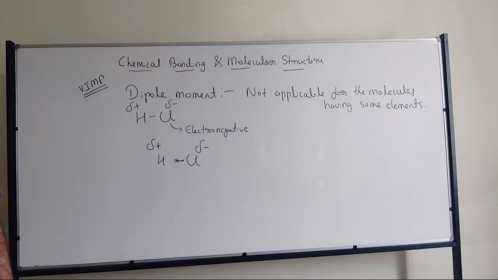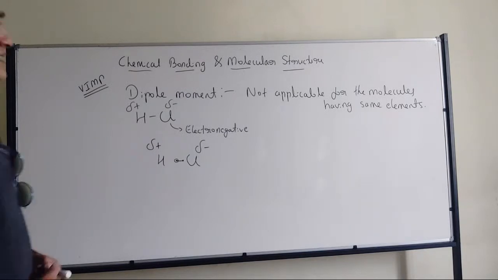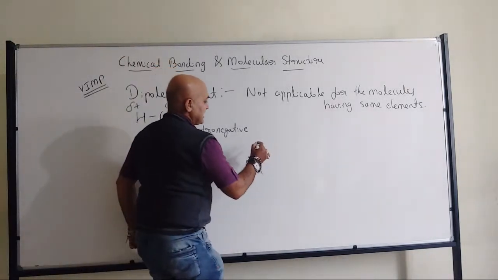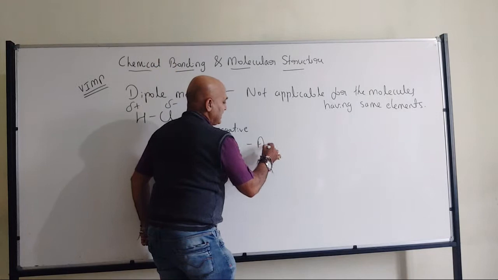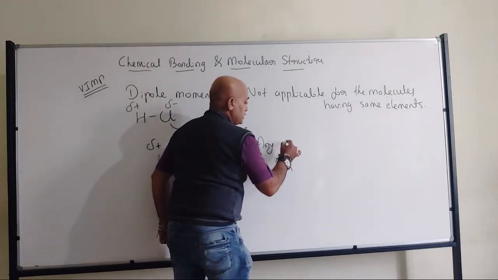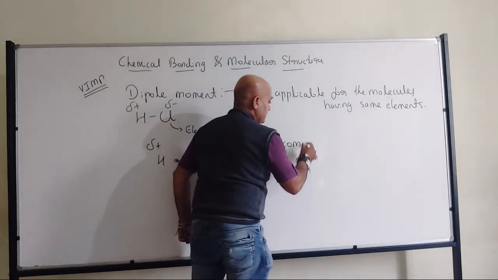Any compound where electronegative and electropositive elements are involved in bond formation, in those compounds dipole moment will be present. Observe this statement. I am not saying molecule, I am specifying compound.